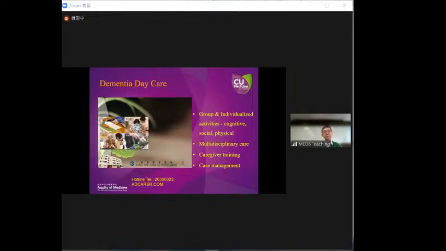The most useful is dementia daycare. And that's why we started the Jockey Club Center for Positive Aging over 20 years ago. This is basically a dementia daycare center. Every day, people with dementia come to our center for group exercise and group activities to promote social stimulation and cognitive training.